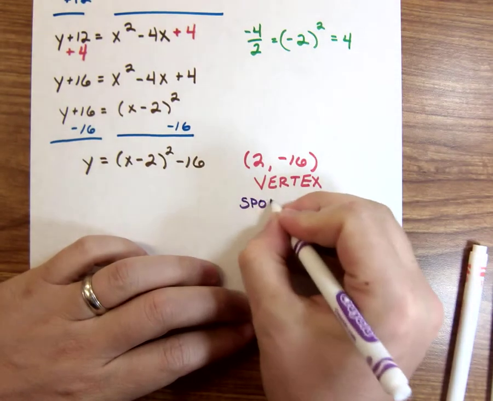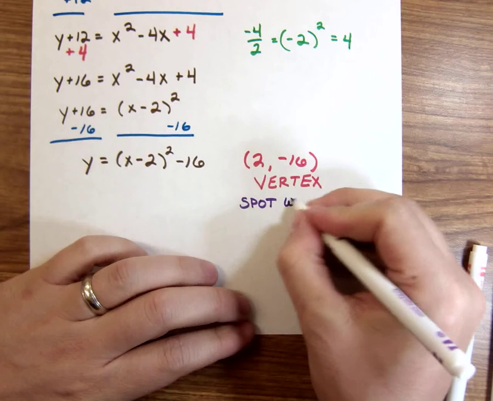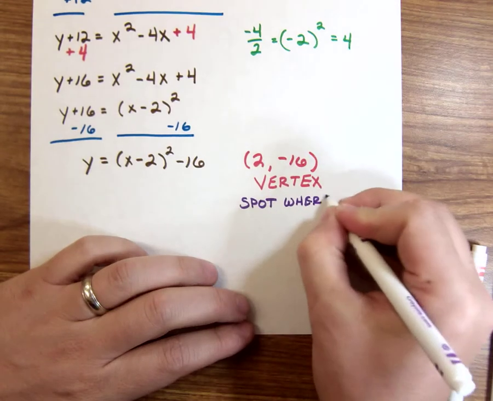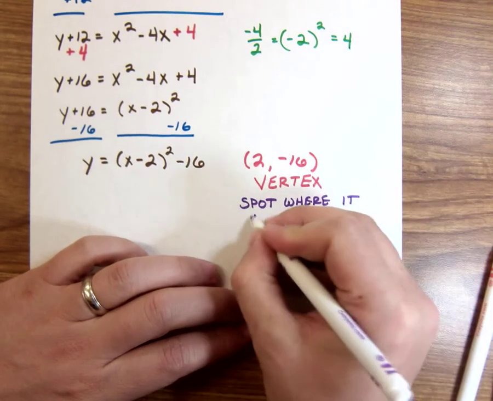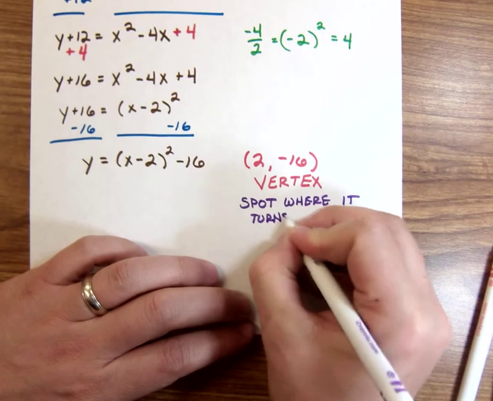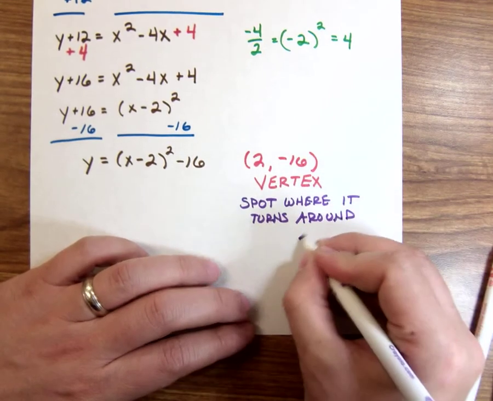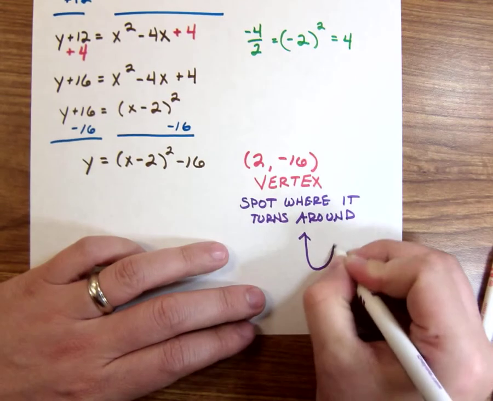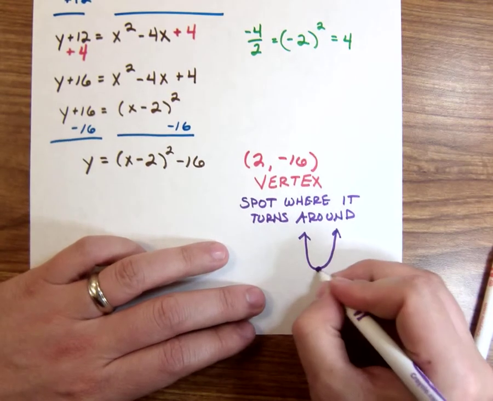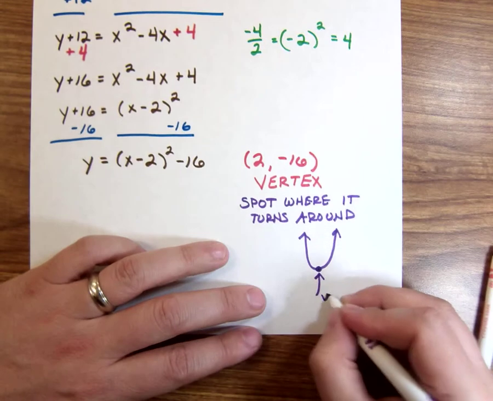This is not the math definition, but it's the spot where it turns around. So if I had a quadratic going like this, this point right there is the vertex.